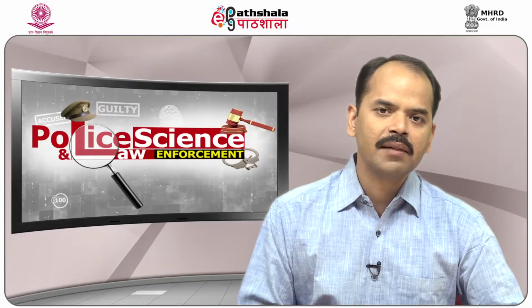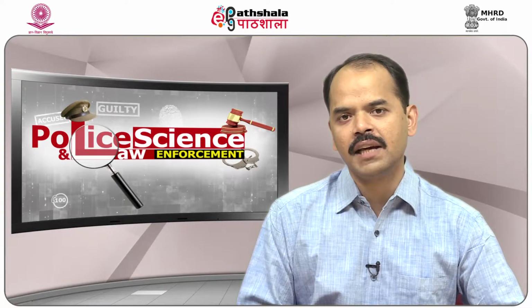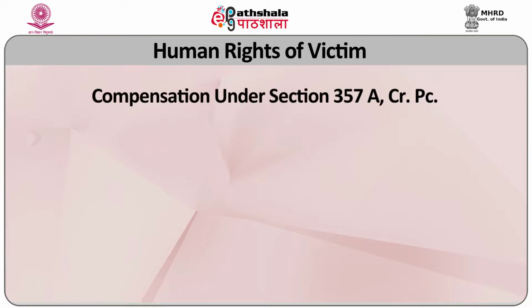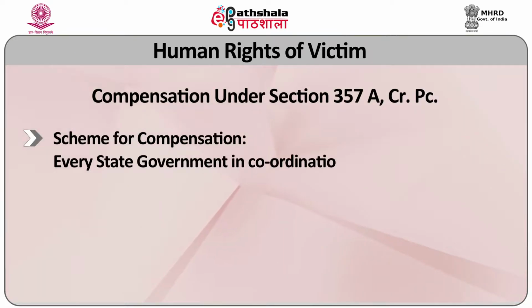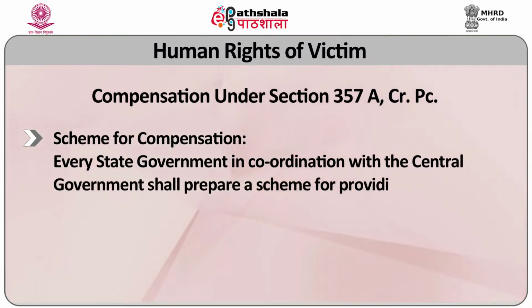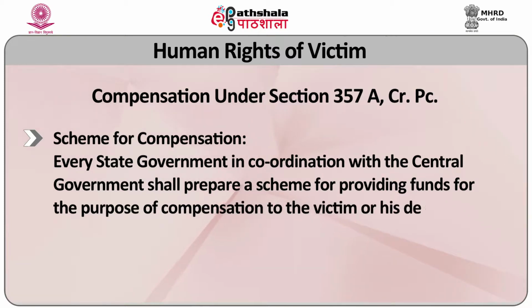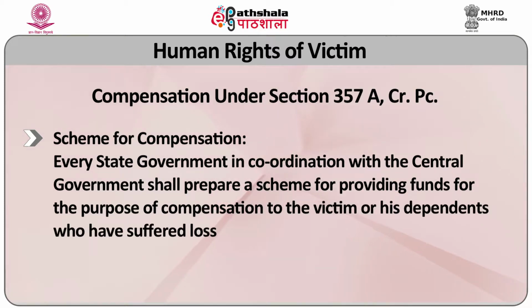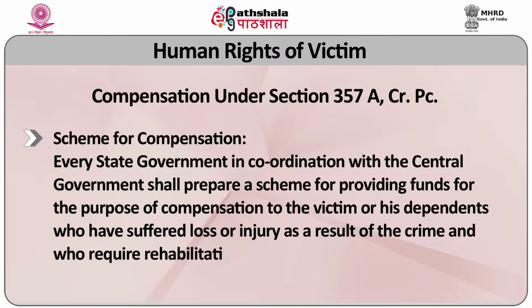Now, there is a victim compensation scheme under Section 357A of CrPC. A scheme for compensation says every state government in coordination with the central government shall prepare a scheme for providing funds for the purpose of compensation to the victim or his dependents who have suffered loss or injury as a result of the crime and who require rehabilitation.